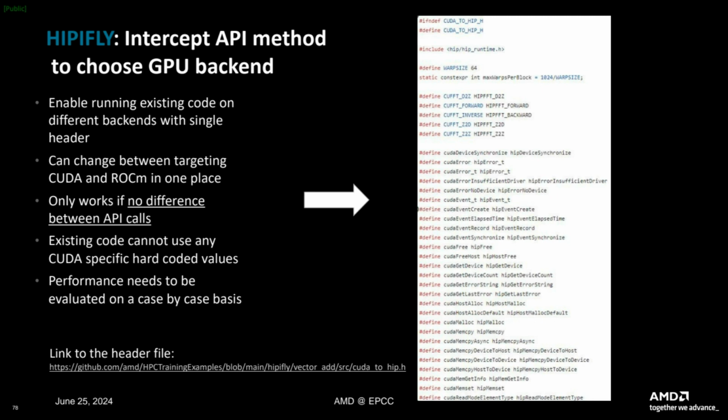However, the catch is that your code needs to have CUDA API calls that have an exact match on the HIP side. So performance has to be evaluated on a case-by-case basis. But this tool is also out there and can be useful.